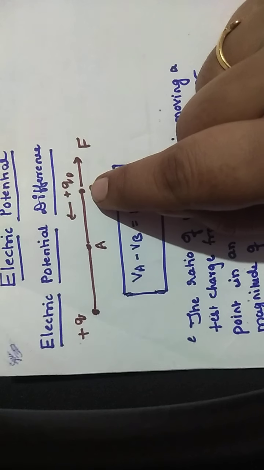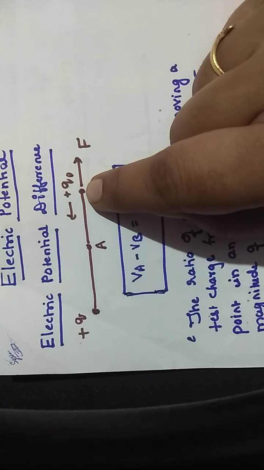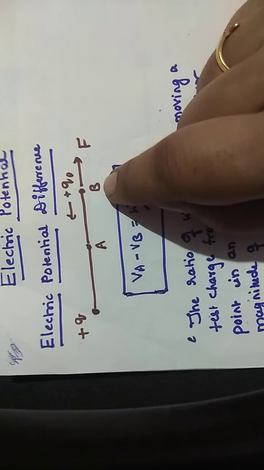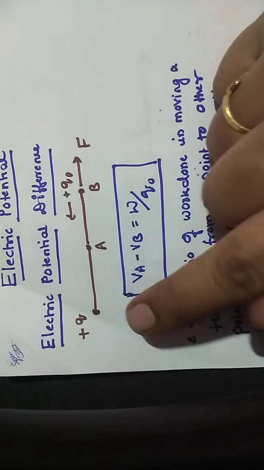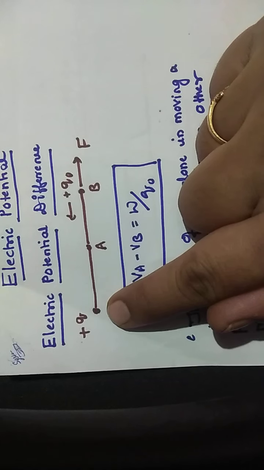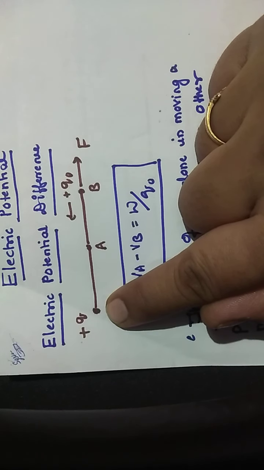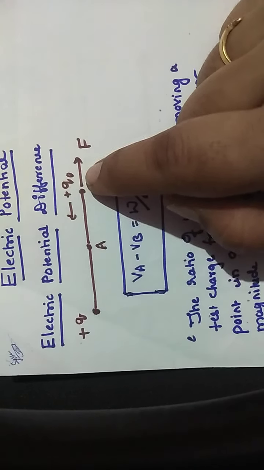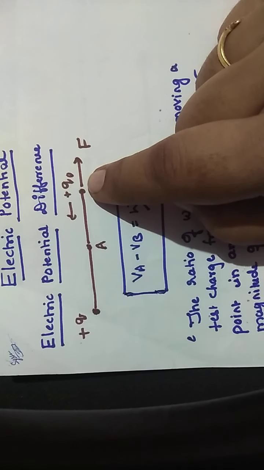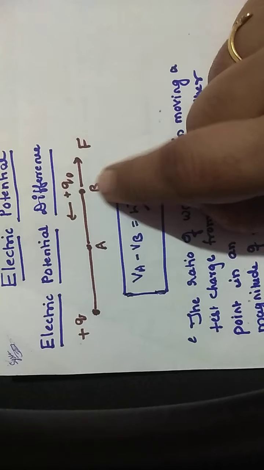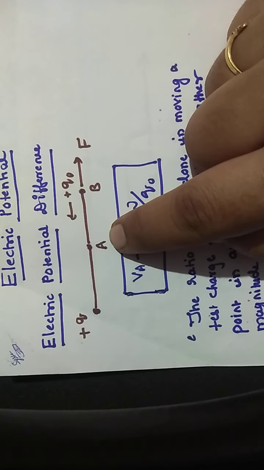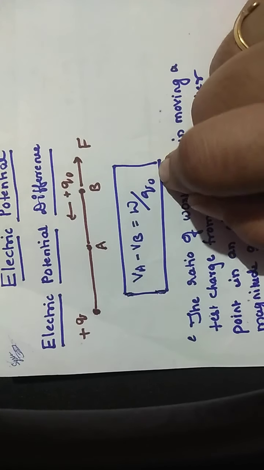When this Q naught, that is this test charge, is moved from point B to A in an electric field due to this point charge plus Q, then work is done by an external agency on the charge Q naught. In order to move charge Q naught from point B to A, work is done on Q naught against this electric force.